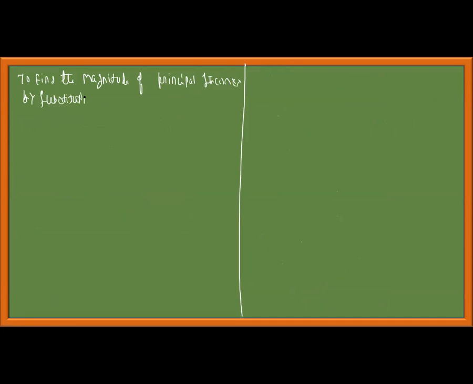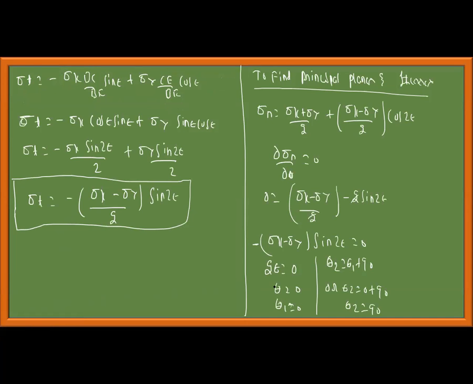Now we need to find the magnitude of principal stresses by substituting theta 1p and theta 2p in sigma n. I'll call this theta 1p, theta 2p.